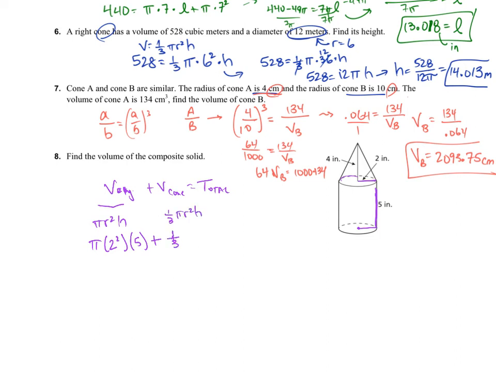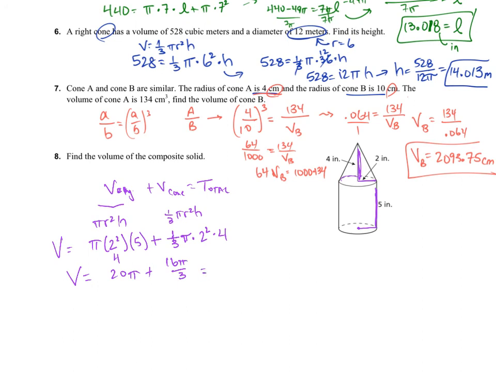So 1/3 times pi times my radius, which we said was 2 squared, times the height. They gave me the height of the cone, which is 4. So that's going to be my total volume. So this will be 4 times 5, so 20 pi, plus this becomes 4 times 4, 16 pi over 3.